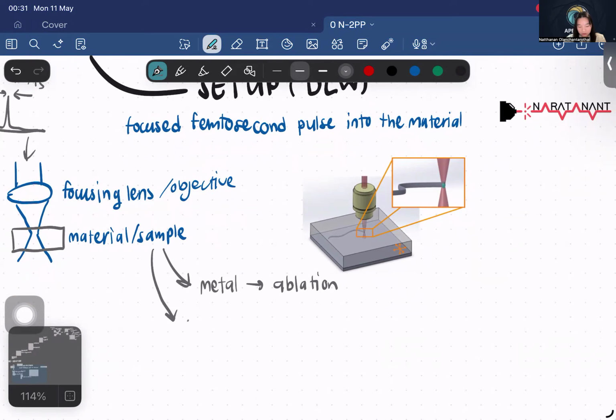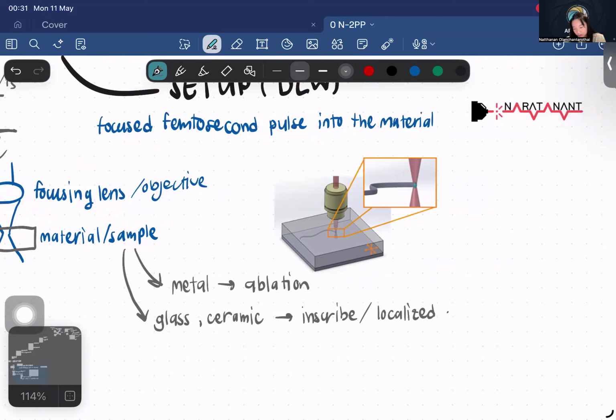Or in glass or ceramic, it might be an inscription or localized modification, similar to annealing.